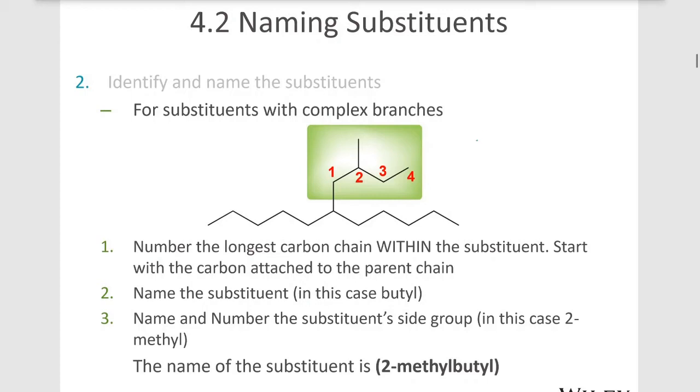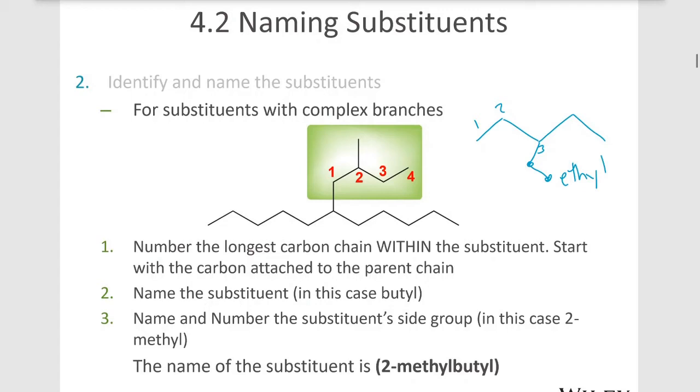So, for example, if we had a parent chain that had 5 carbons, and at the third carbon we had a 2-carbon chain coming off, then this would be an ethyl group on the parent pentane chain. Okay, so we would name that as eth for 2 carbons plus yl to indicate that it's a substituent.